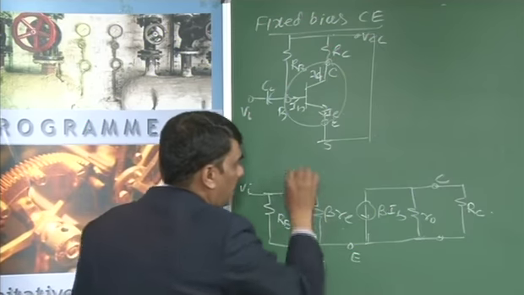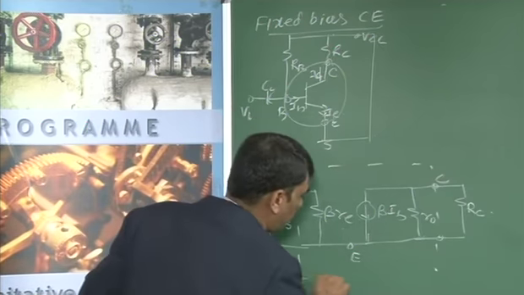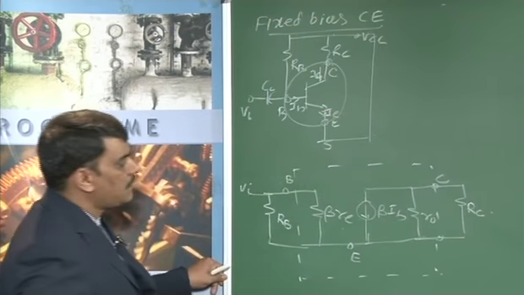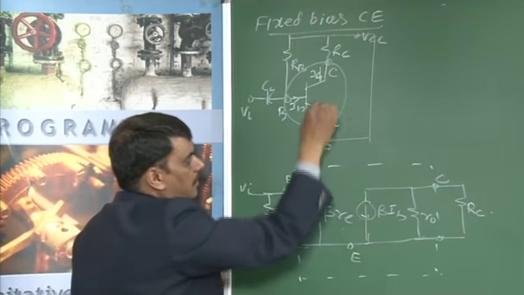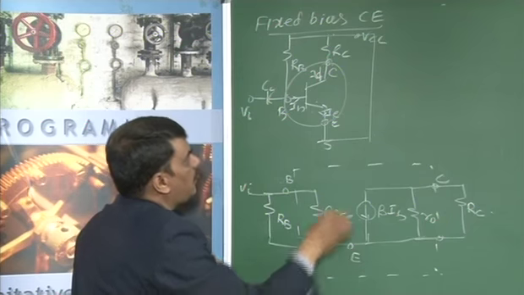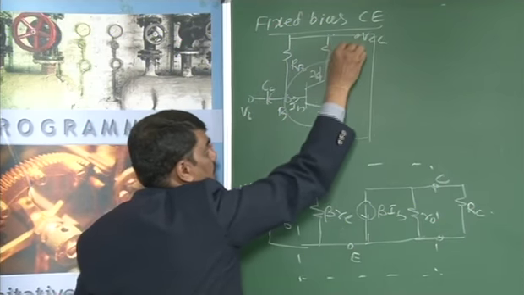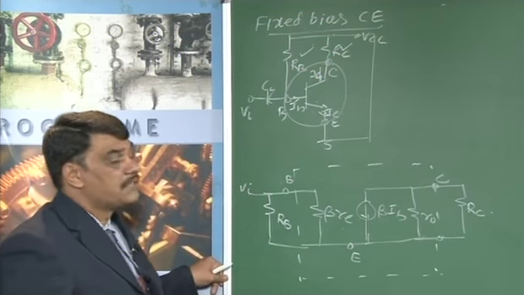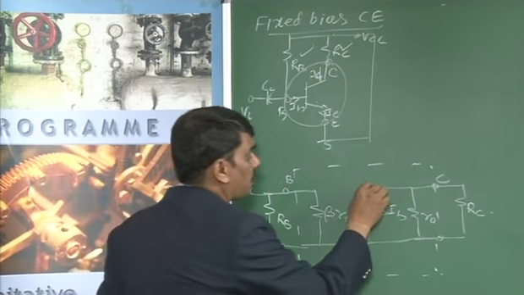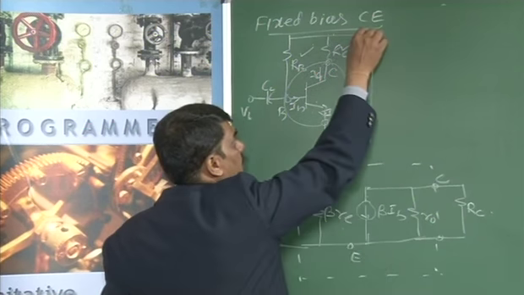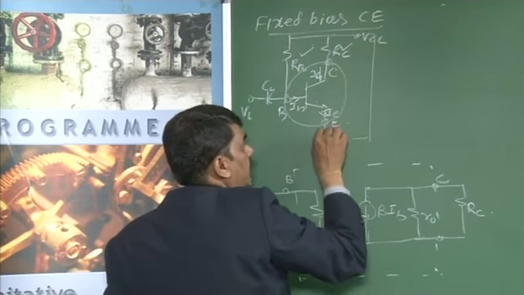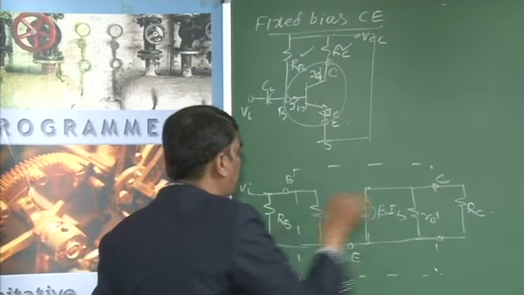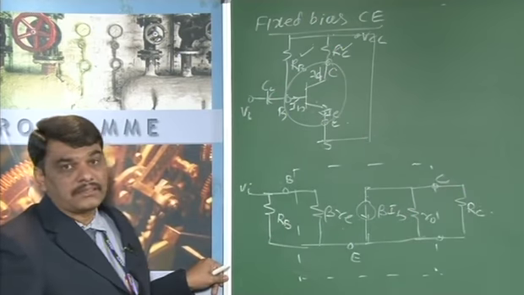Whatever is shown in the block diagram is the equivalent circuit of the RE model of the transistor, and you transfer the external components RC and RB by setting VCC equal to 0. When VCC is equal to 0, it is grounded, connecting directly to the emitter, and RC and RB appear at the output and input circuit respectively.